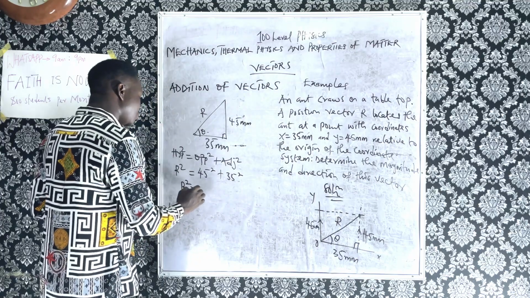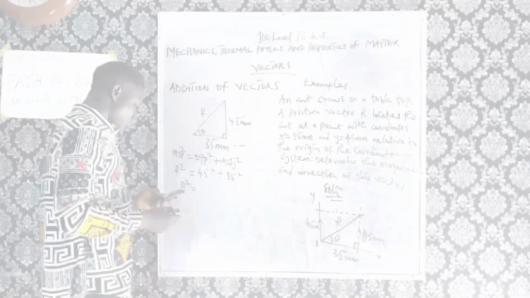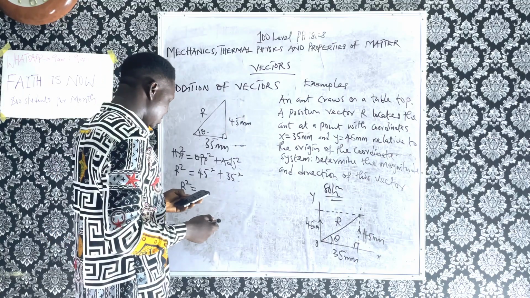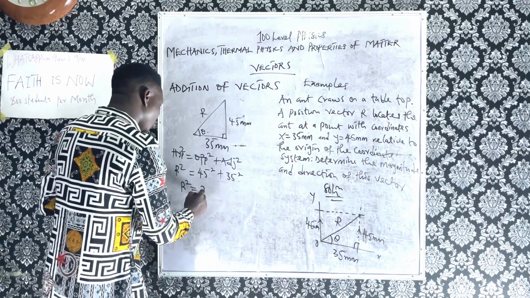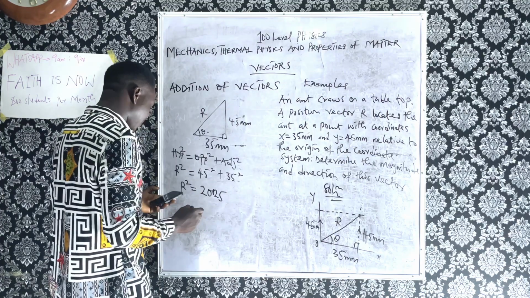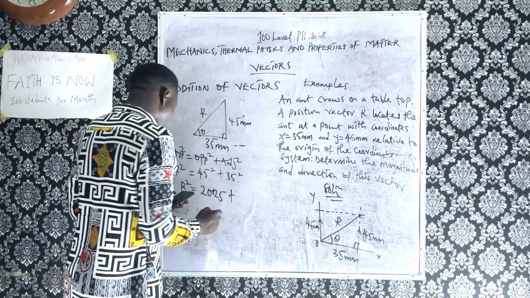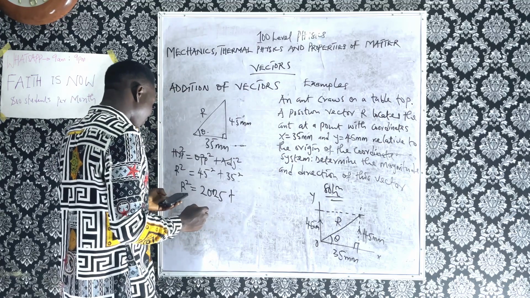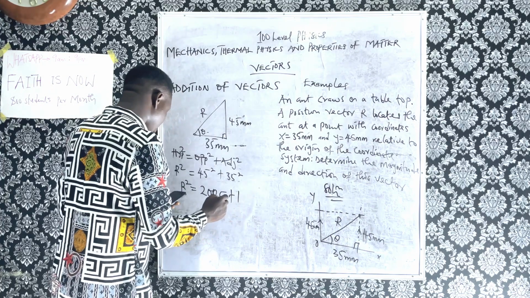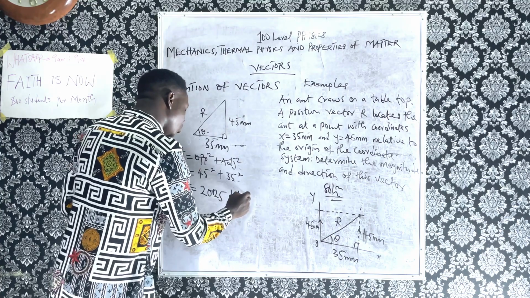So r squared becomes, let me get my calculator. 45 squared is 2,025. Then 35 squared is 1,225.